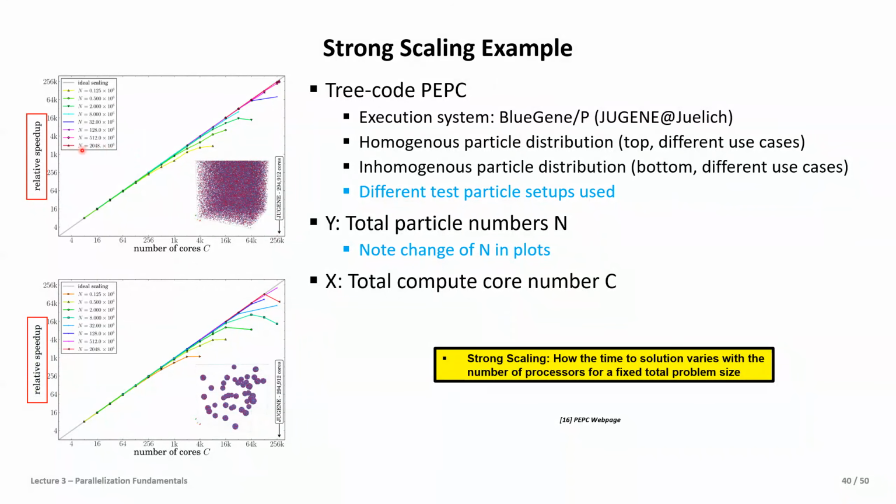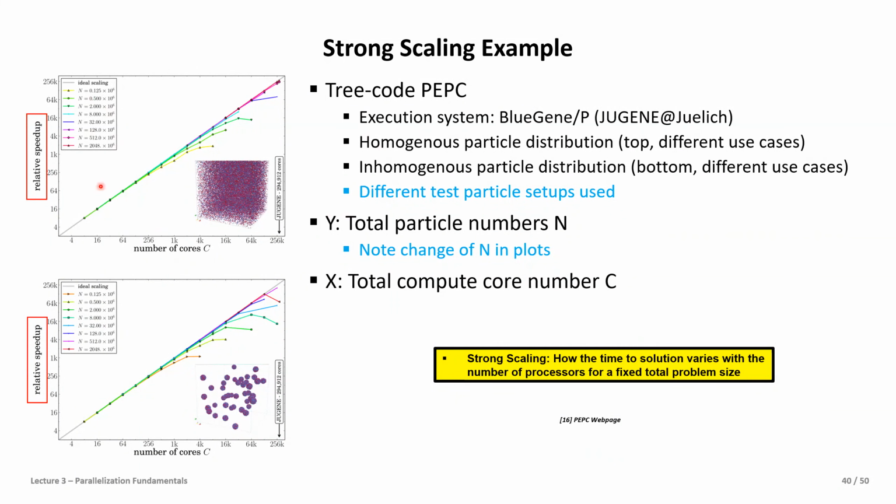So the overall problem of these particles stays the same in each of these colored lines. What we then do for each line is increase the number of cores. You see immediately the tail-offs here in parallel efficiency. So we have to think about whether we really want to add 500,000 cores to the problem, if we already see a strong tail-off here.